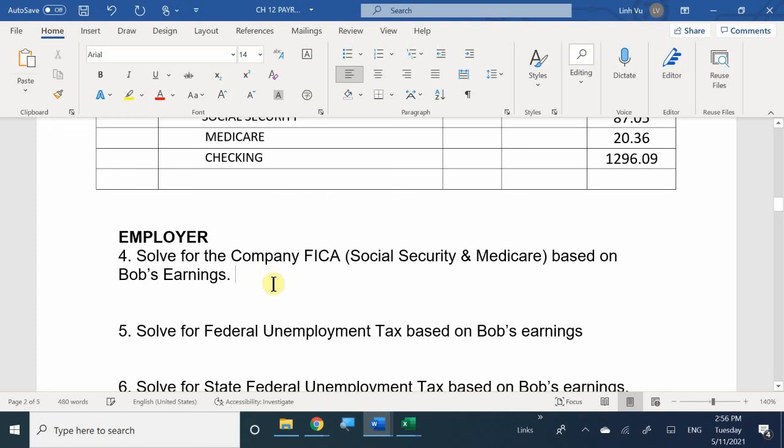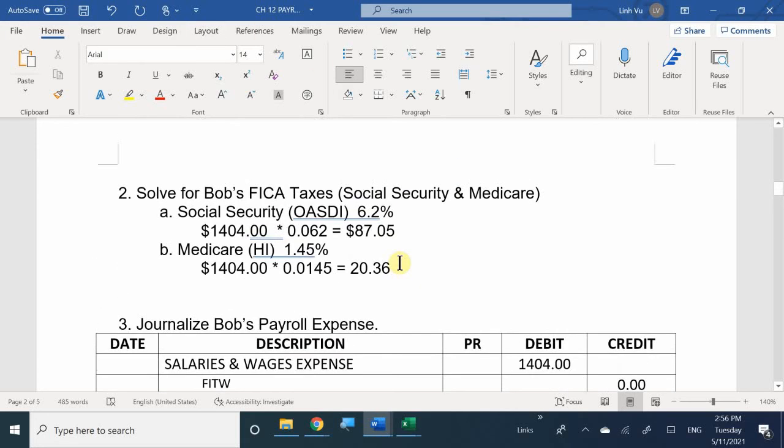What is the total FICA that the company is subject to pay, the Social Security and the Medicare combined? So 6.2 plus the 1.45, which equals 7.65%.